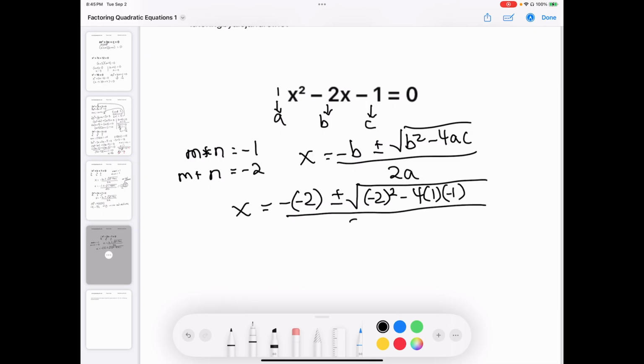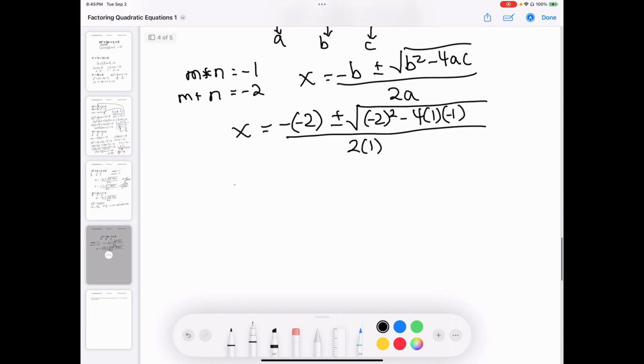All of that divided by 2 times a, which is just 1. Now we have a negative and a negative, so this comes out to +2.